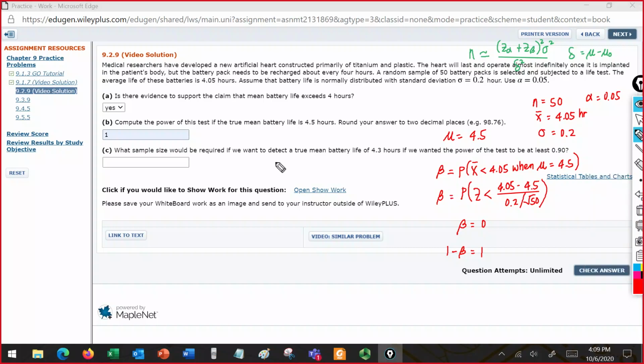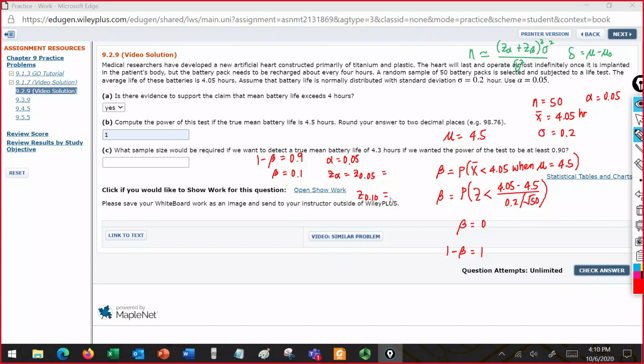Part C. Power of the test is 90, so beta is 10%. Alpha is 0.05. Or look for z sub 0.05, then z sub 10%.